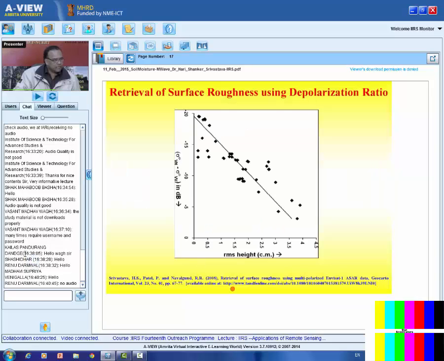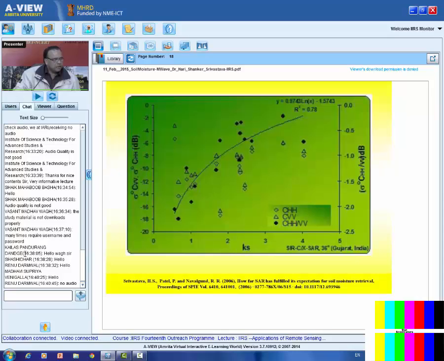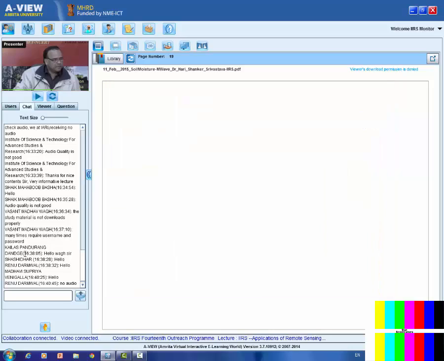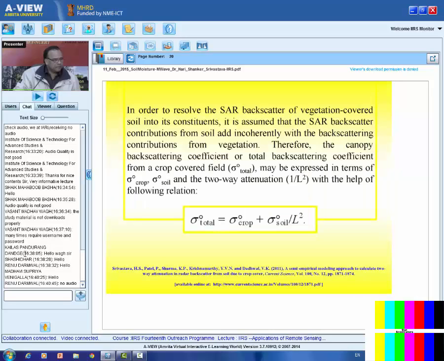Now this work has been published in a journal called Geocarto International. This work has been published in Current Science. There you will be able to understand how to extract the backscattering that is coming from the crop canopy and the backscattering that is coming from the underneath soil.